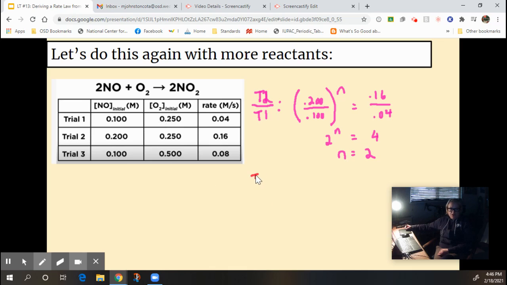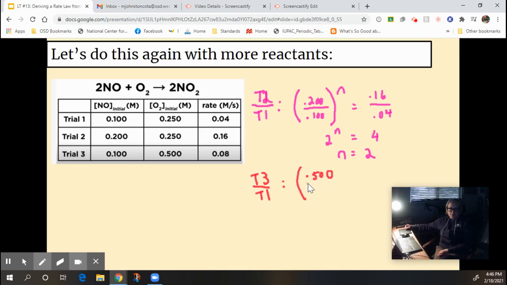So I'm going to do trial 3 divided by trial 1. And that's going to give me 0.500. Notice I'm not even paying attention to the other reactant because I know that it's controlled and not going to change.